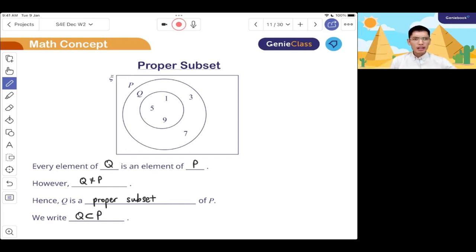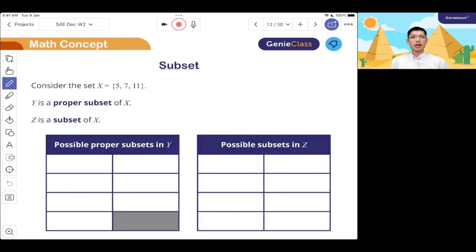But now let's bring it down to the next one. I can have a proper subset, but I can also have a subset as well, right? So let's consider the particular difference that we have. Suppose I have a set that I've defined already, X. And I want to say Y is my proper subset and Z is my subset.